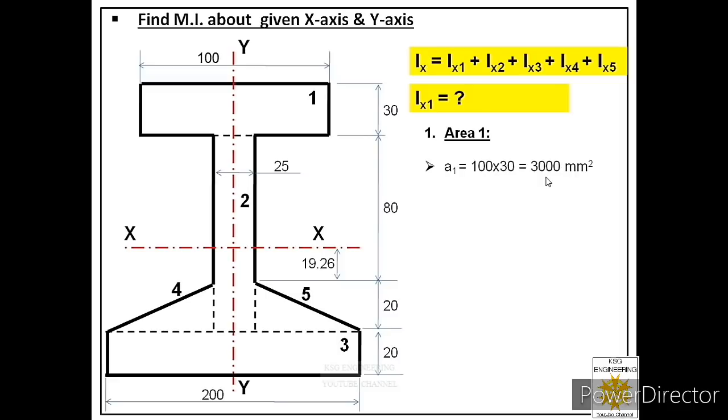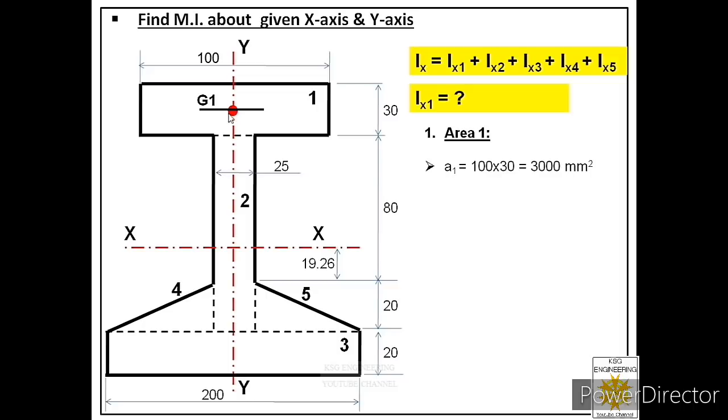Now we know the next step is that we have to find the centroid of this particular area. If it is a rectangular area, that means its centroid will lie at L by 2 and B by 2. It means exactly in the center, or you can say on this axis of symmetry. So you see this particular centroid is at L by 2 from this end, that is 50, and B by 2 from this side, that is 15.